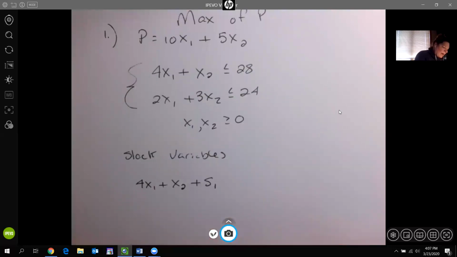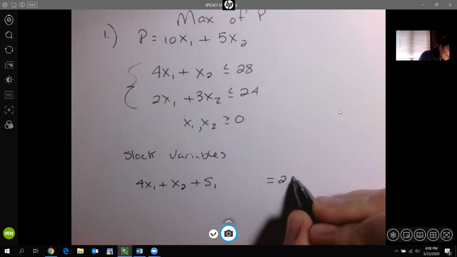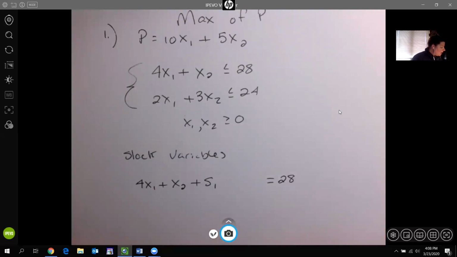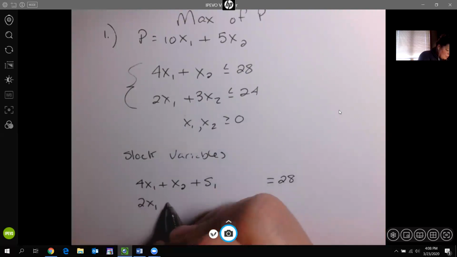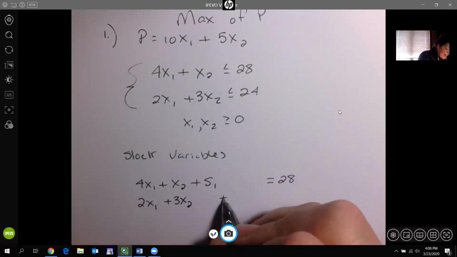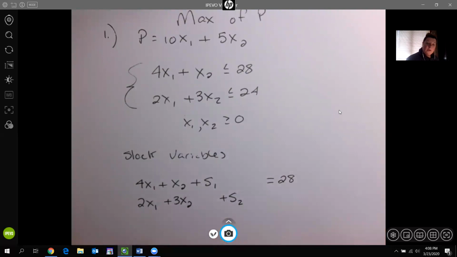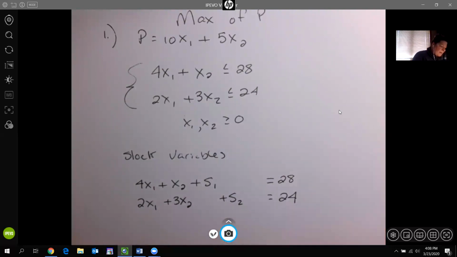Slack variable 1 is now equal to 28. The second one goes 2x1 plus 3x2 plus s2. Slack variable 2 is now equal to 24.